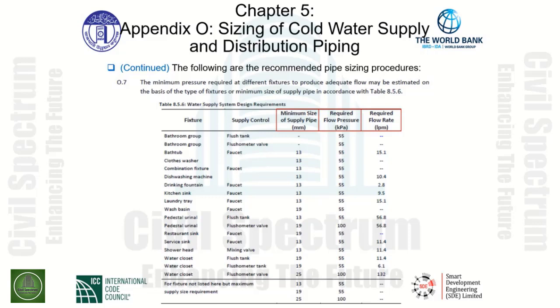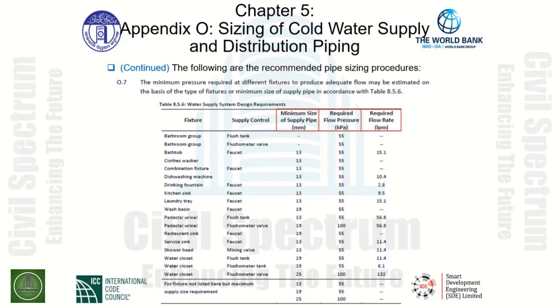The fourth column gives us the required flow pressure in kPa. For the kitchen sink, having a minimum pipe diameter of 13 millimeters, we are required to have a required flow pressure of 55 kilopascals. The very last column, required flow rate in liters per minute.